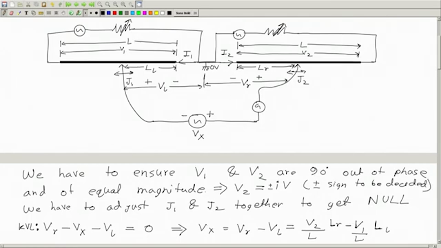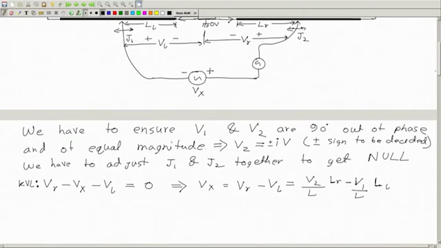Okay, so if we know if it is plus or minus, then this I is root over minus 1, complex I. Then we can write this as V1 by L, LR multiplied by I minus V1 by L, L left. So this is Vx.